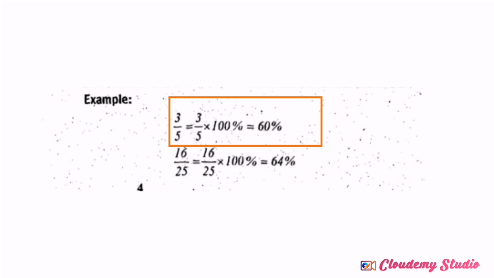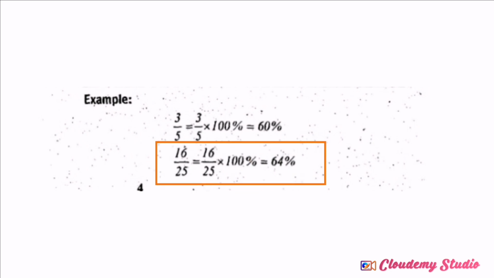This is equal to 60%. 16 divided by 25 is equal to 16 divided by 25 multiplied by 100%. This is equal to 64%.